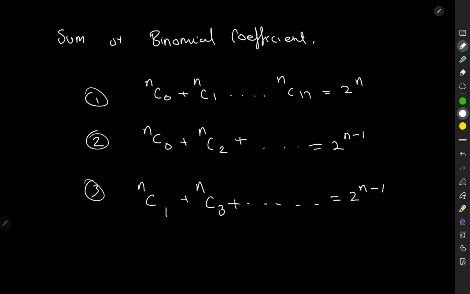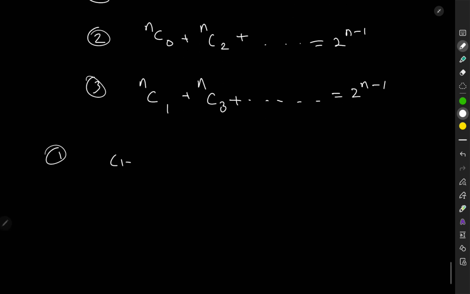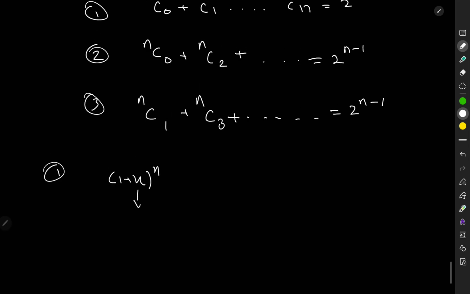Let's say for the first one, how will you derive it? Let's take 1 plus x to the power n. In this case, you'll see an expansion for this. You'll get nc0 plus nc1x plus nc2x square dot dot dot, right?